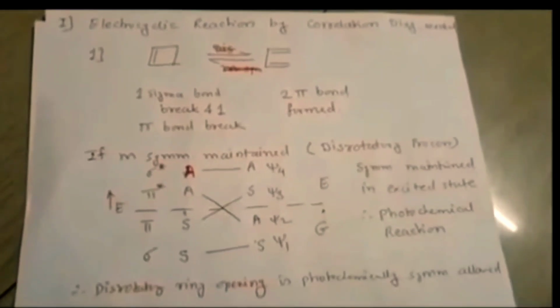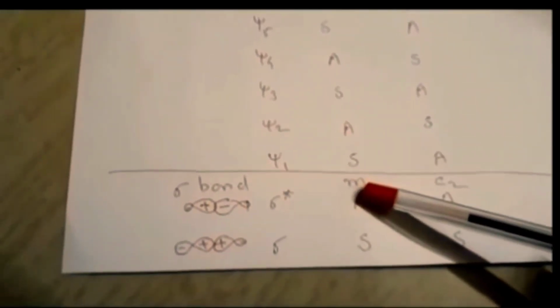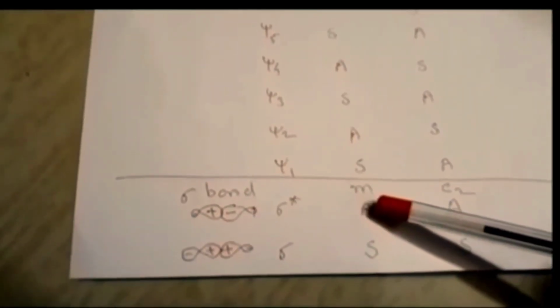Now let us discuss sigma and sigma star. We already discussed the symmetry property of these molecular orbitals in part 2. With respect to mirror plane symmetry, sigma is symmetric and sigma star is antisymmetric. Now pi and pi star.